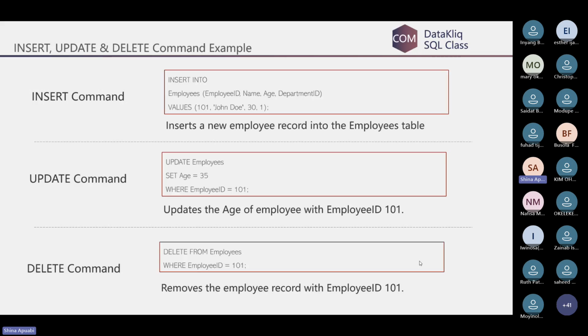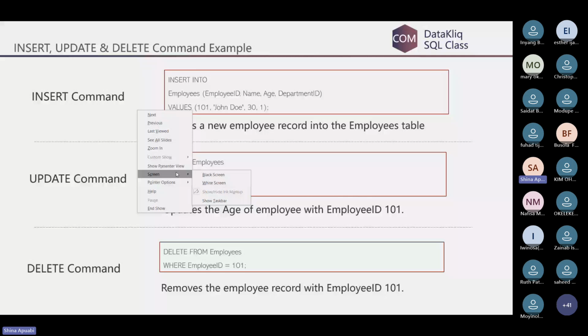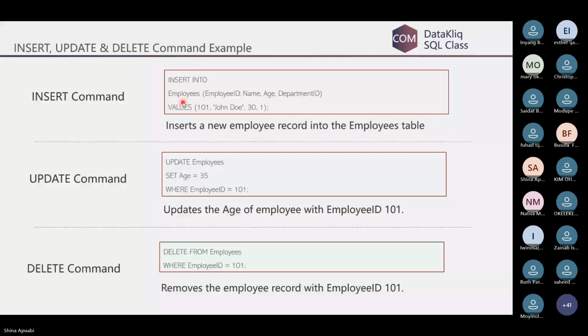You can see we now have insert, update, and delete commands. Now this is a table. Let me use the laser pointer so that you can see. This point is the table name, employee.